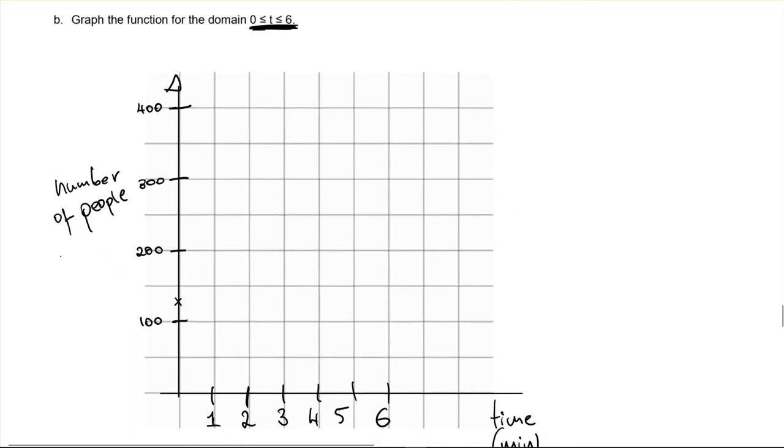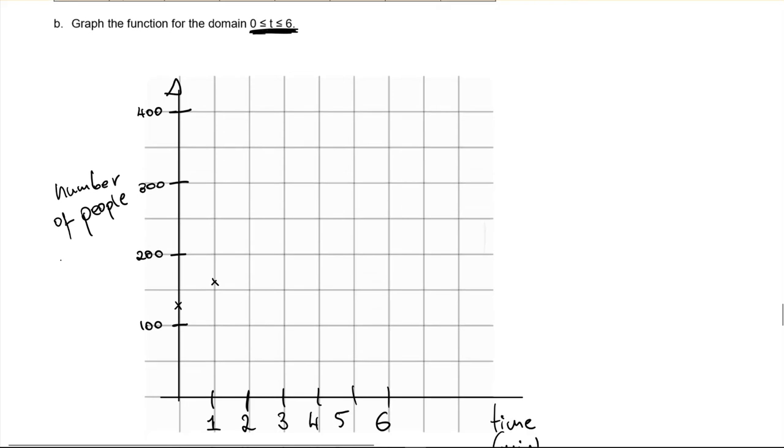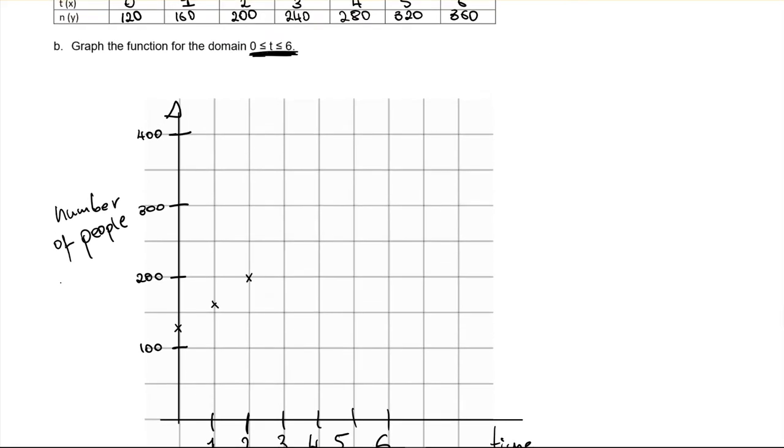At 1 I've got 160, so that's 150, 160 might be around there. 2 is 200, 3 is 240, so not quite 250. 4 is 280, should be probably around there. 5 is 320, which is about there. And 6 is 360, about there.